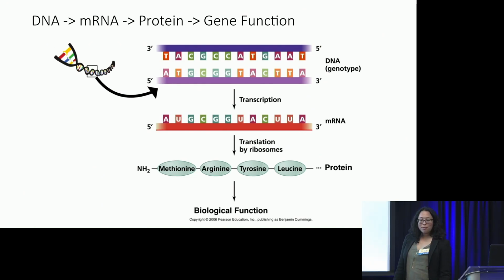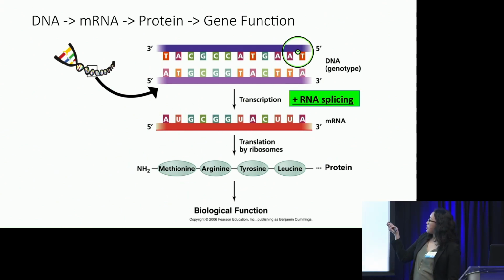And so what are splicing factors? These are genes that control the process of DNA to RNA to protein. The step that they actually affect is after transcription, in a step called RNA splicing.